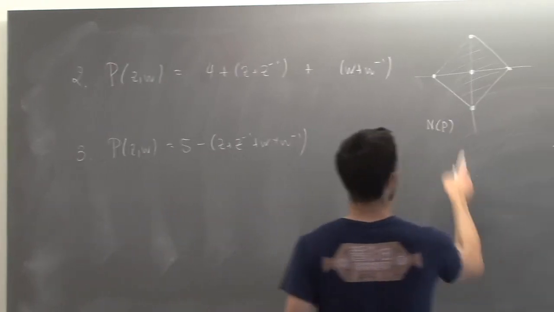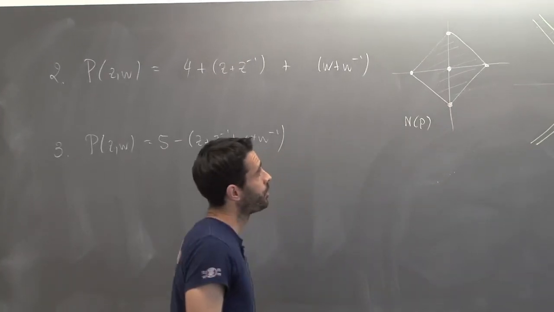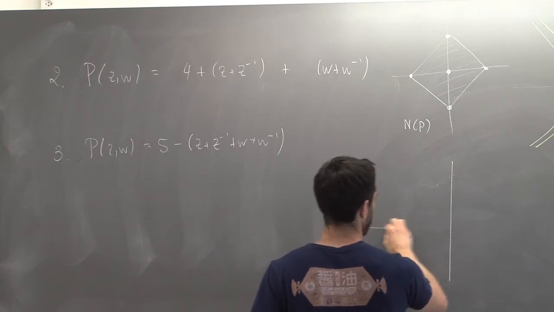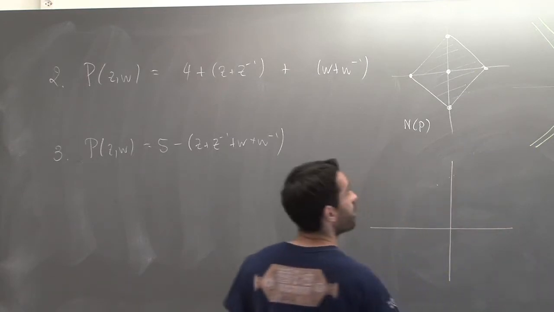And in this case, the Newton polygon is the same, but the amoeba is nicer.